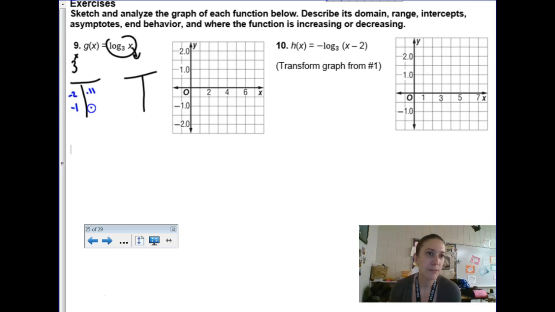Negative 1, 0.33 roughly. 0, 1, 1, 3. So what we're going to do here is we're just going to reverse all those points. So 0.11, negative 2, 0.33, negative 1, 1, 0, and 3, 1. And you're going to graph very carefully, of course.